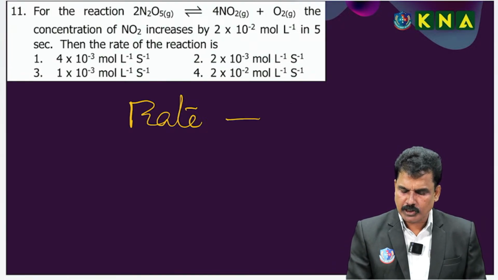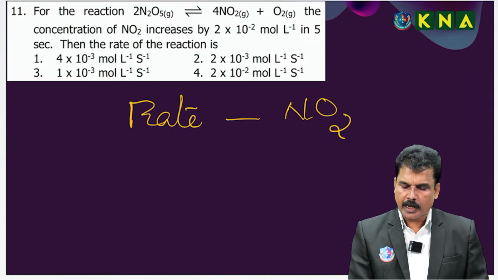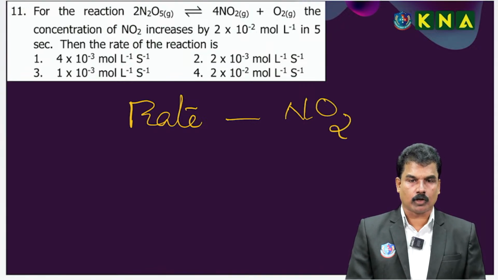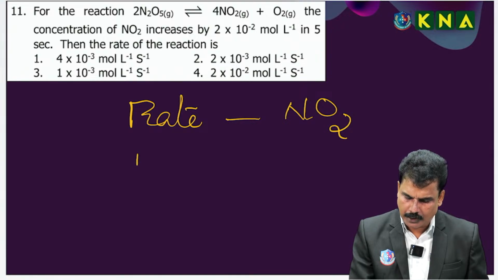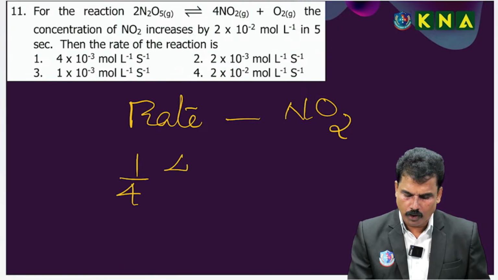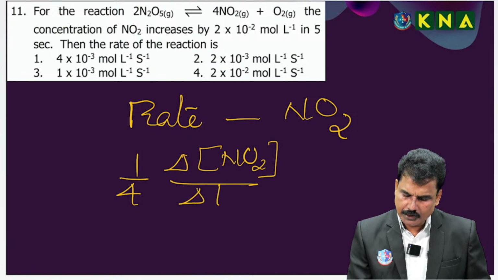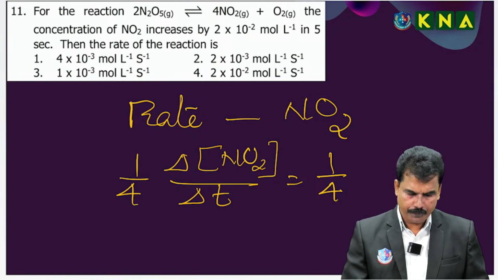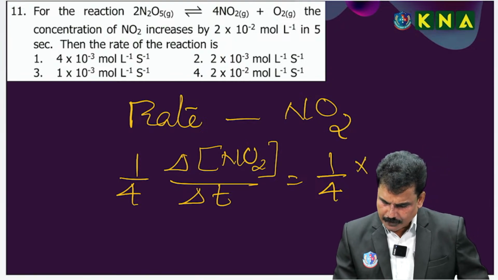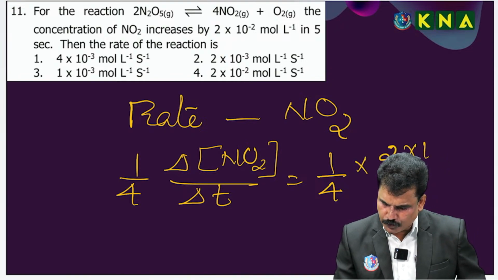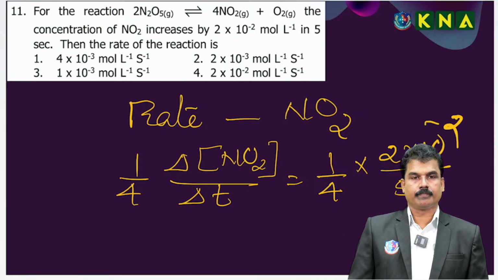So rate based on NO2, because NO2 concentration is mentioned in the question. What will be the rate expression? 1 by 4 into change in concentration of NO2 by change in time. That is equal to 1 by 4 into 2 into 10 to the power minus 2 divided by time, 5.